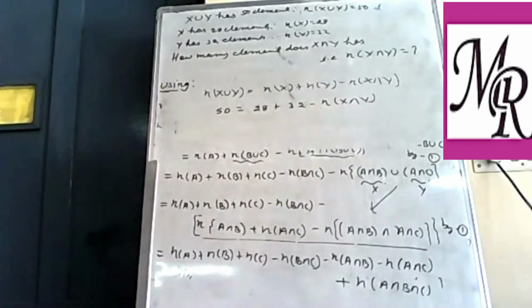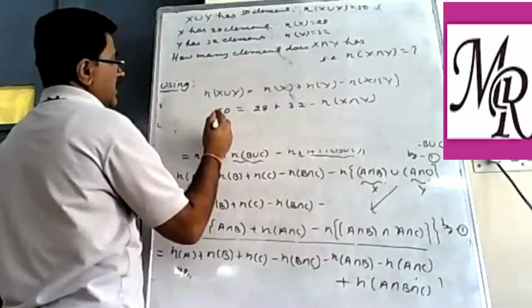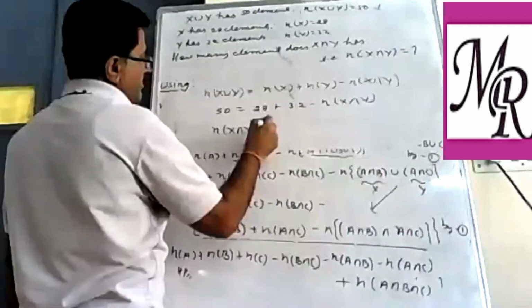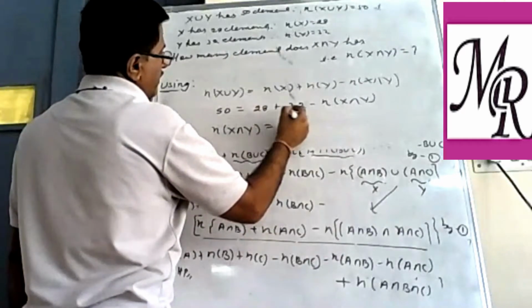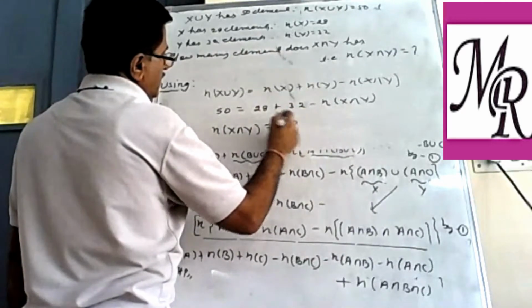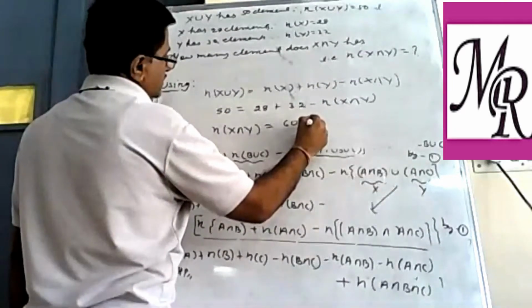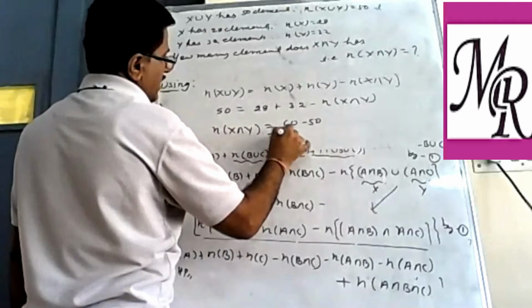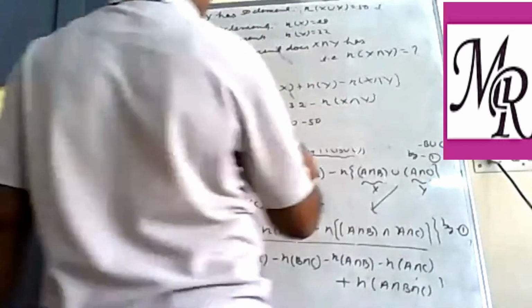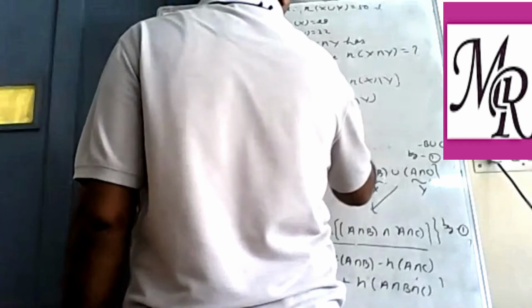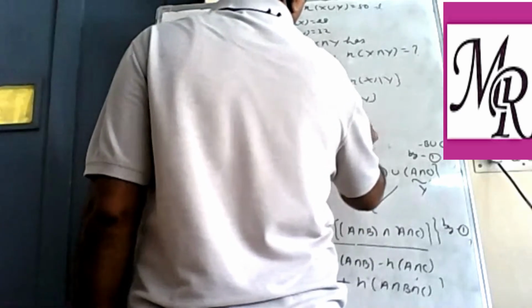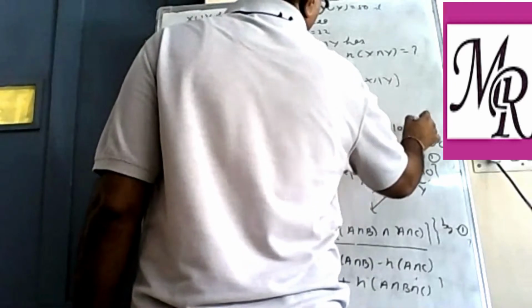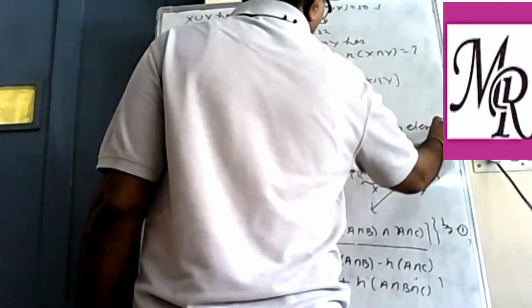X intersection Y equals 28 plus 32, that is 60, minus 50. So what is the answer? 10. So X intersection Y has 10 elements, meaning common to both.